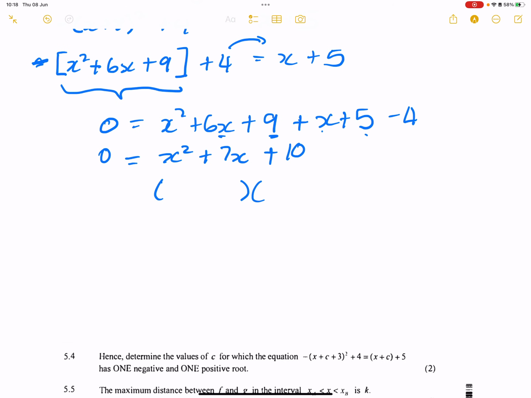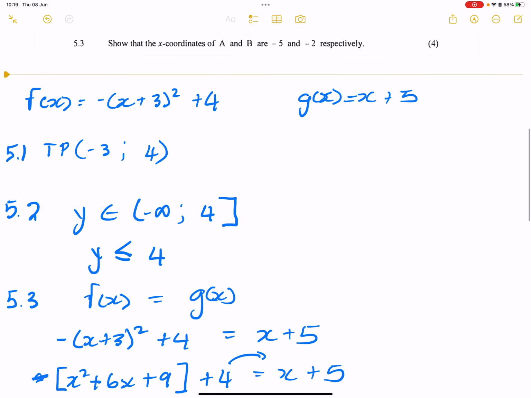So we're looking for factors of 10, such that when we add them, give us 7. It goes without saying that's going to be 5 and 2. Okay, and it tells us that the signs inside the brackets are the same. So in this case, we've got x is equal to negative 5, or x is equal to negative 2, right?